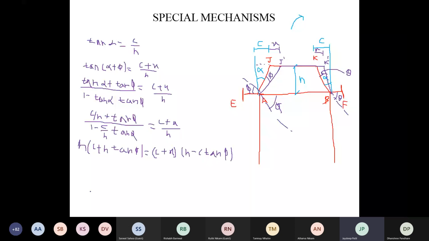You have to multiply H with the bracket and C plus X with the bracket.